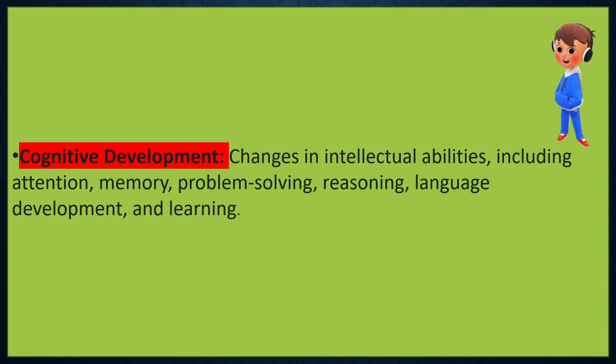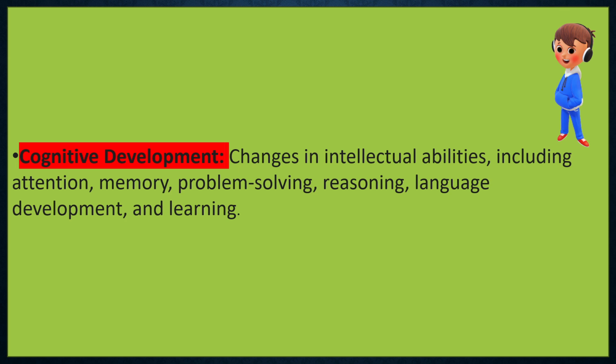All right, next we have cognitive development. See, by the word itself, you should be smart enough to understand that cognitive means mental development, mental abilities of the child. So of course, when a child is developing, he or she is undergoing a lot of cognitive development, right? So changes in intellectual abilities of the child take place, including attention.